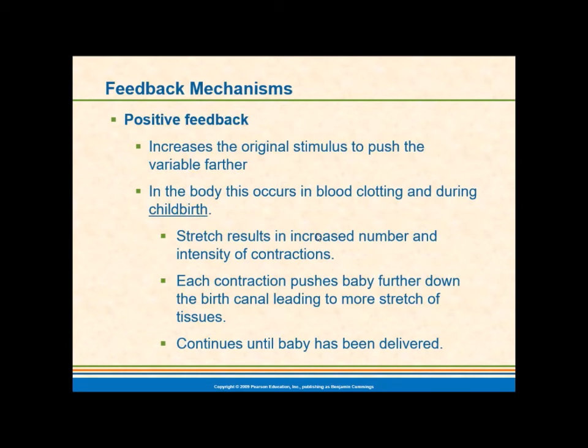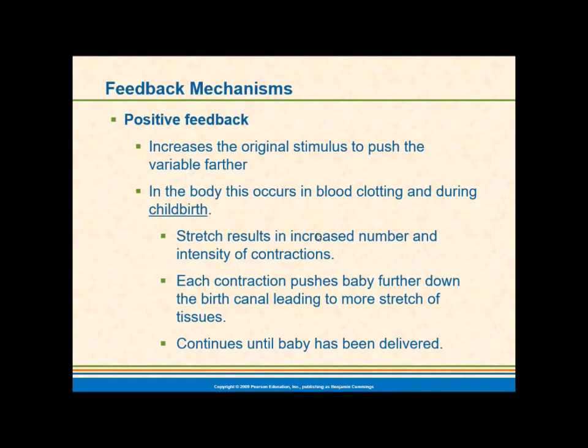Basically, what happens is you've got a great big baby, and it gets bigger and bigger, and it eventually rotates in position and starts pressing on the birth canal, and that causes some stretch. And stretch receptors send a signal to the hypothalamus, which causes the release of a hormone, oxytocin, which causes muscle contractions in the uterus.